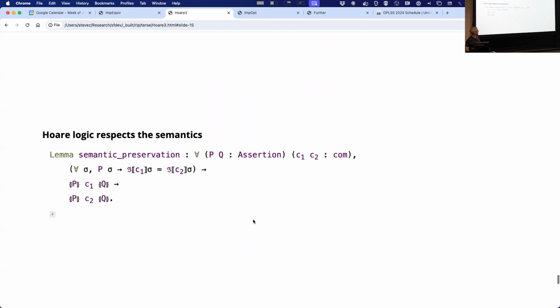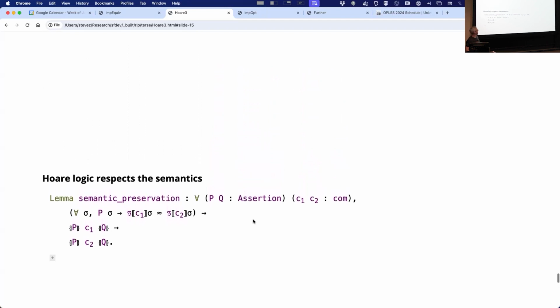Good. The other thing that you can get, which is quite nice, is that these semantics preserve the equational theory that we already wrote for Imp. What this says is that if we have some pre and postcondition that we've proven for C1, and assuming the precondition P, we can prove the equivalence of C1 and C2, then in fact we can rewrite C1 to C2 and preserve the reasoning that we did.